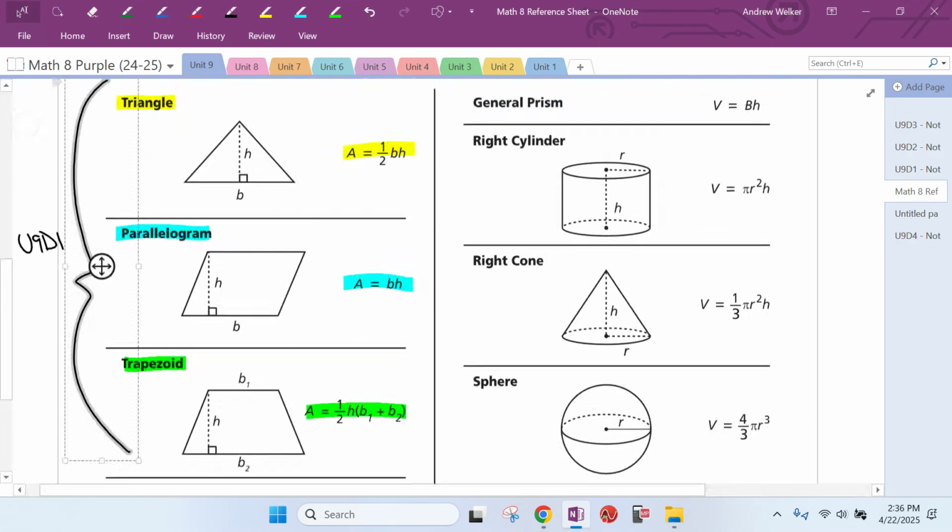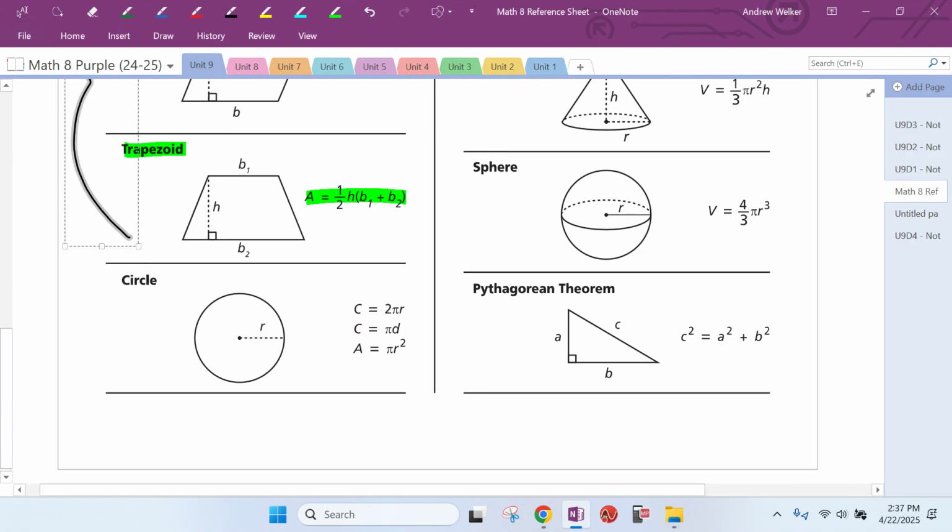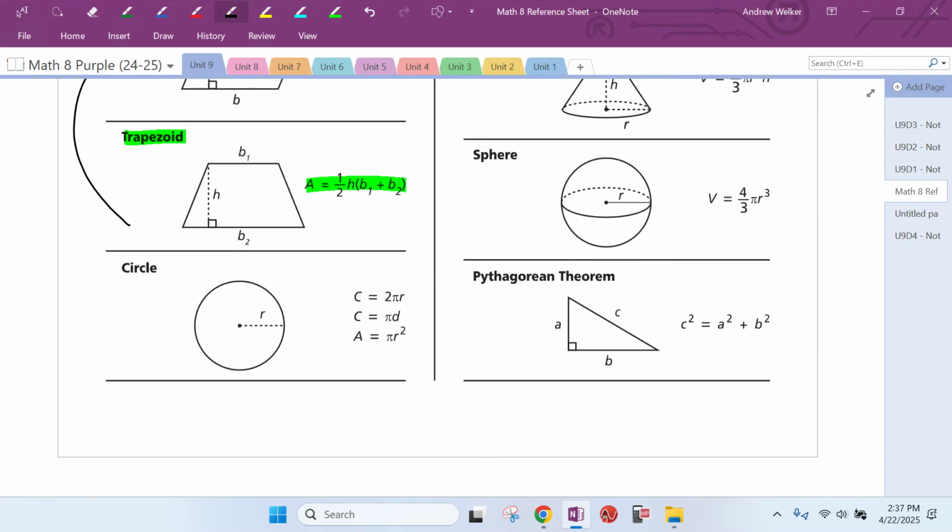Yesterday, we talked about circles. So this is Unit 9, Day 2. So that's this stuff, circles, and I like circumference equals pi d and area equals pi r squared. I am not a huge fan of 2 pi r for the circumference.